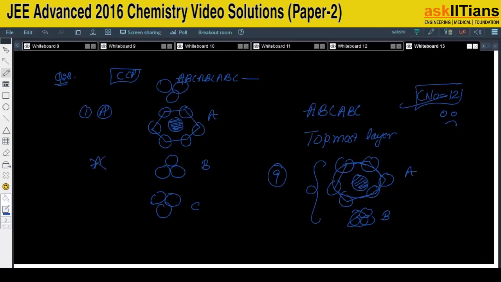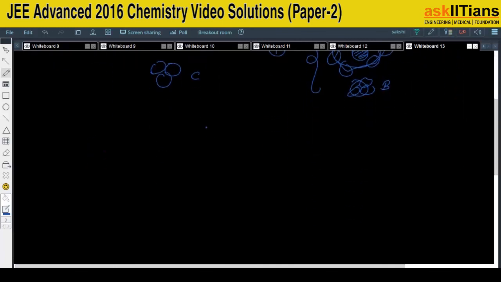Coming over to B, the packing fraction for CCP is a well-known fact: 0.74 or 74%. How do you calculate the packing fraction? This is 4 into 4 by 3 pi r cube, since the Z value is 4, divided by 4r over root 2 whole cube.